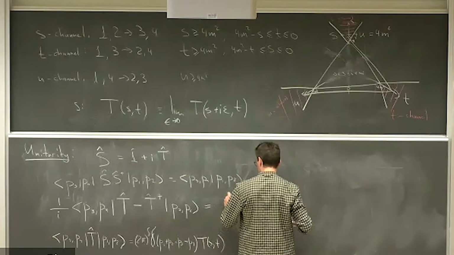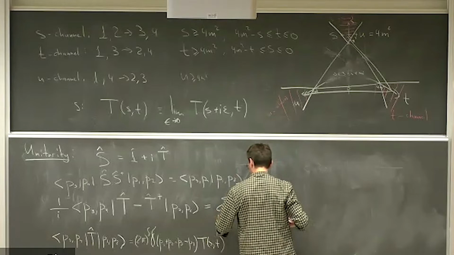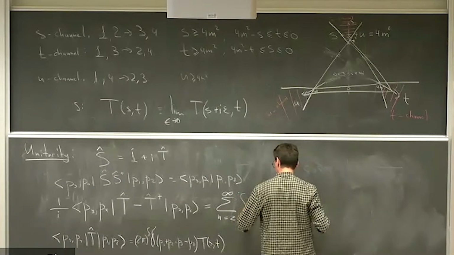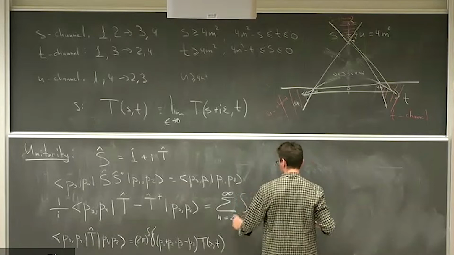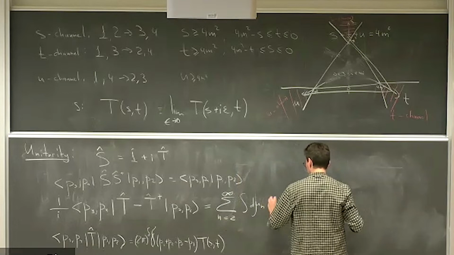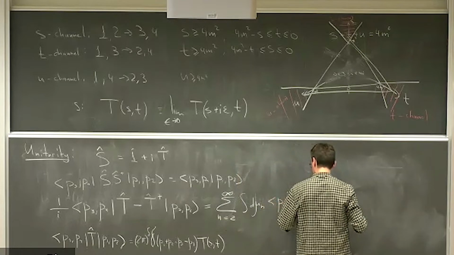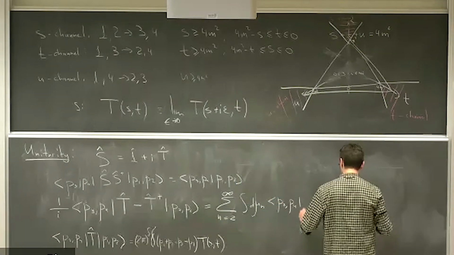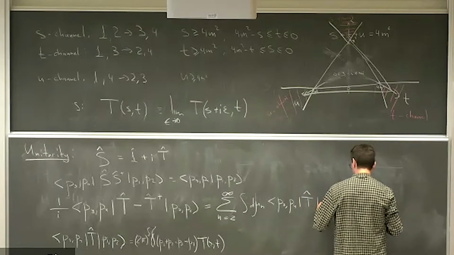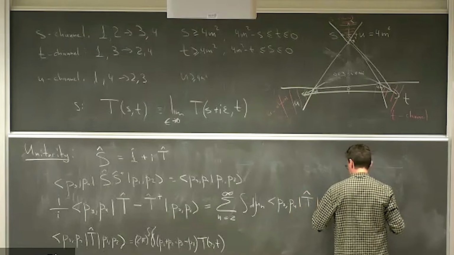And here we can sum over all the states. Here I use the completeness relation that we introduced at the beginning of the lecture, and here we have a set of momenta.